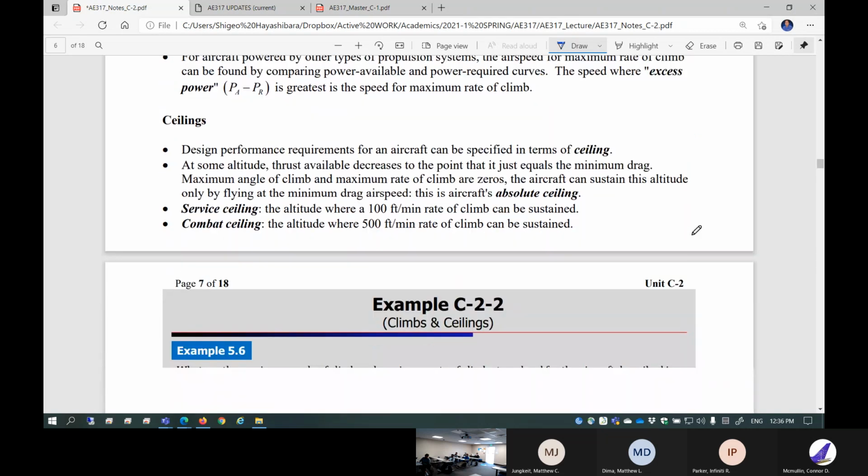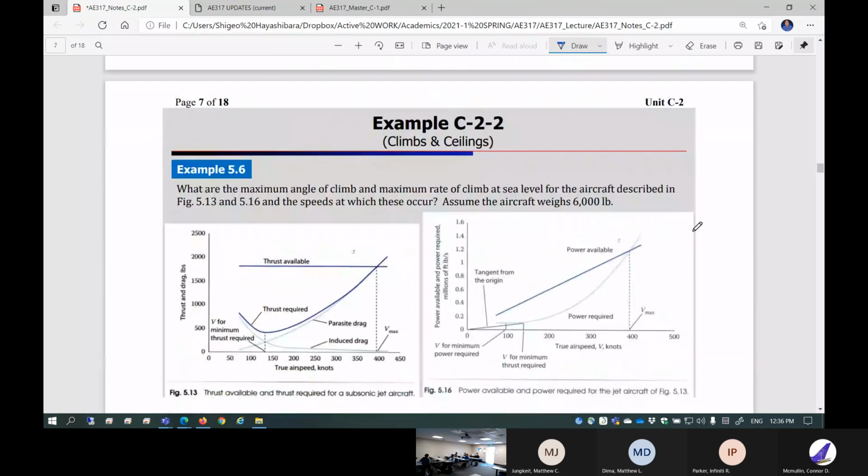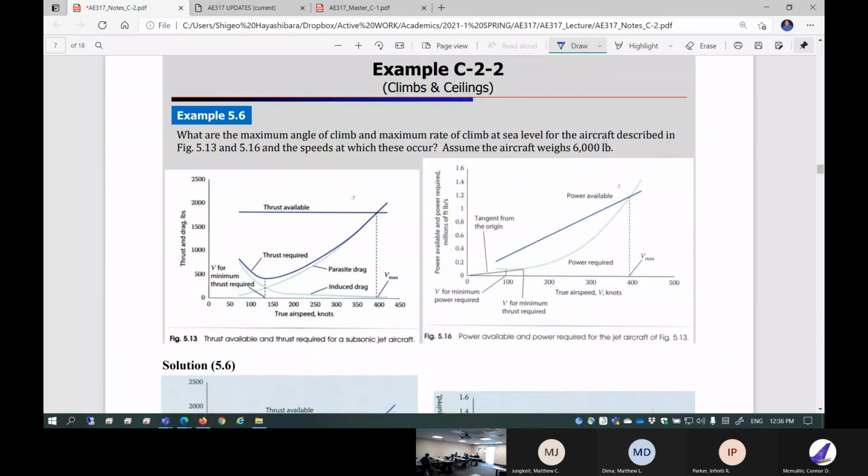Anyways, let's just take a look at an example here. This is interesting, just a very simple exercise. When we define rate of climb and climb angle, we are going to refer to the data for SRUF, steady level unaccelerated flight. It's not climbing.